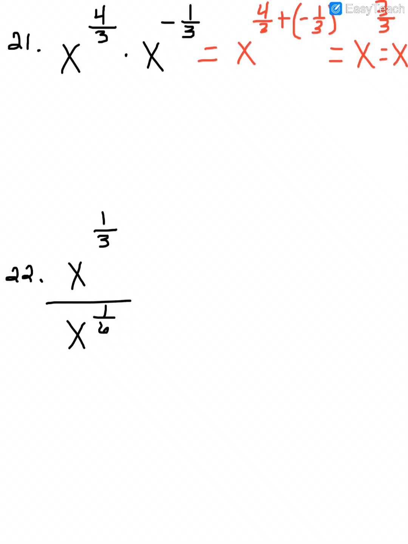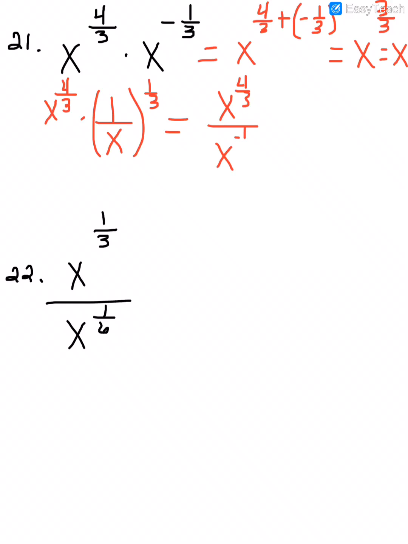Or I could get rid of that negative first, and I have x to the 4/3 power times 1 over x to the positive 1/3 power, which would be the same thing as x to the 4/3 over x to the 1/3. And then I just subtract my exponents, which would still be x to the 3/3, which is x to the 1.